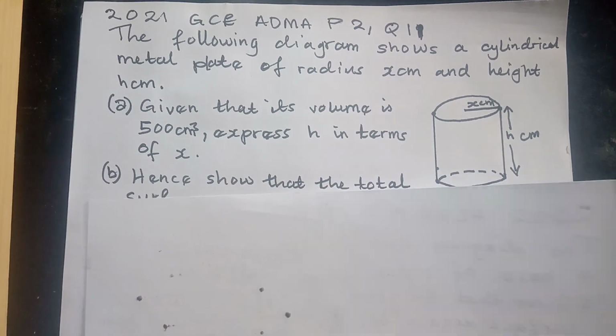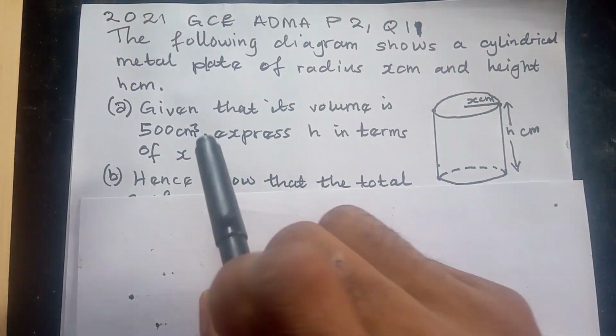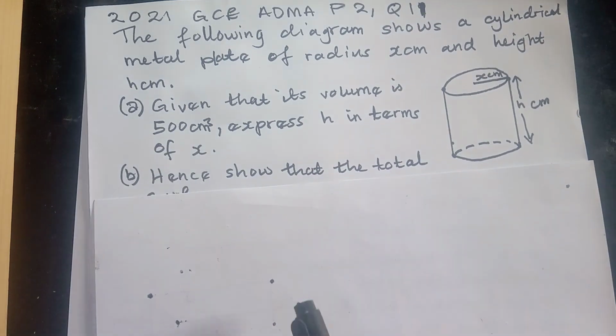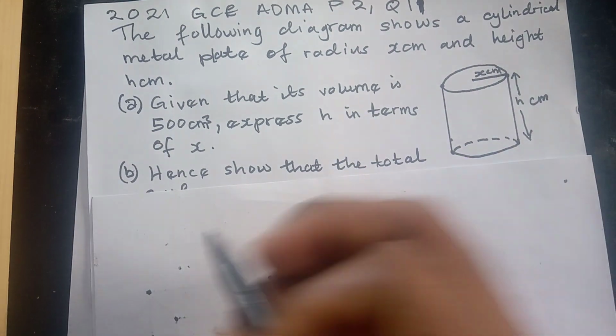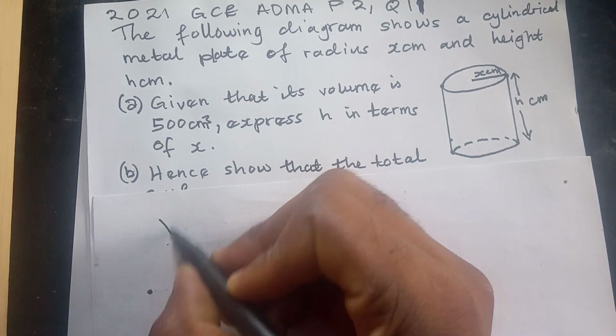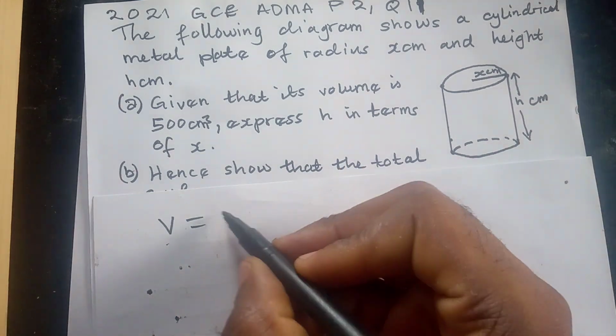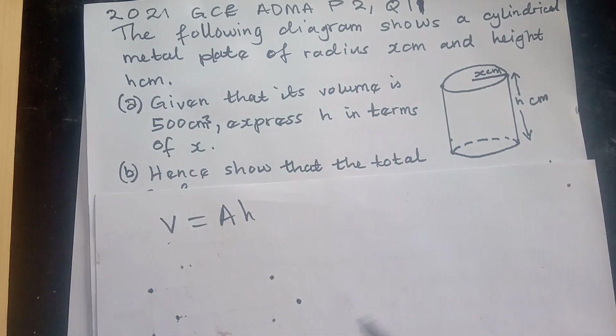So to do that, you can just take advantage of this fact here. Given its volume, we know that the volume of a cylinder is given by the base area times height.